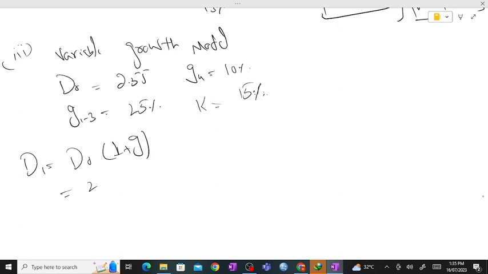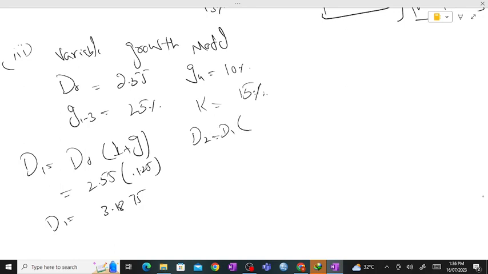D naught we have 2.55. G for the first 3 years would be 1.25, and here we have D1 is 3.1875. Come on to D2.